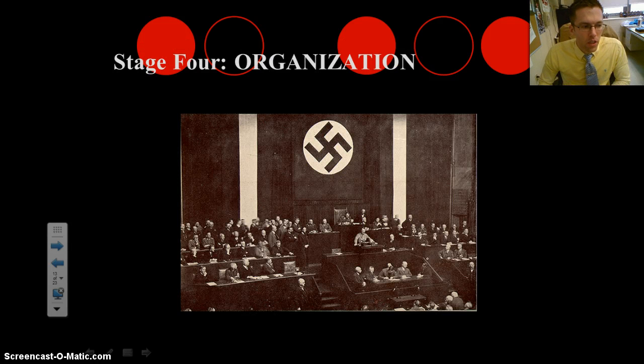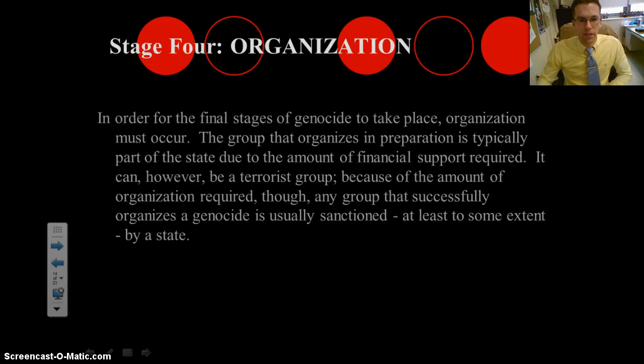Okay. Stage 4, the organization. So you got the classification, you give the symbols, all right, dehumanizing, and organization, all right. They're systematic, they're deliberate, okay. And anytime you're going to exterminate a large group of people, you're going to have a lot of money. You're going to have a lot of organization.